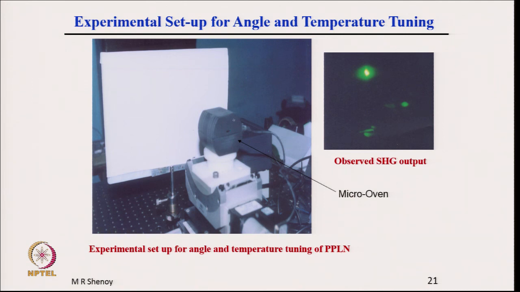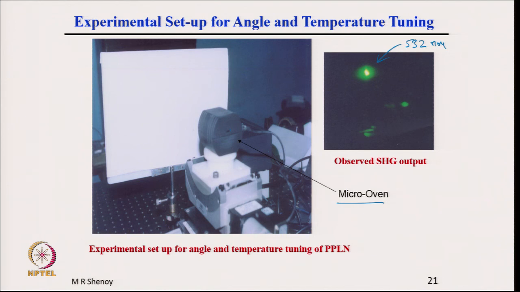The crystal is held in this micro oven because the crystal has to be held at a certain temperature for efficient interaction, and what is shown here is the observed green light at 532 nanometer due to pumping by the pump, which is at 1064 nanometer, the Nd:YAG laser.